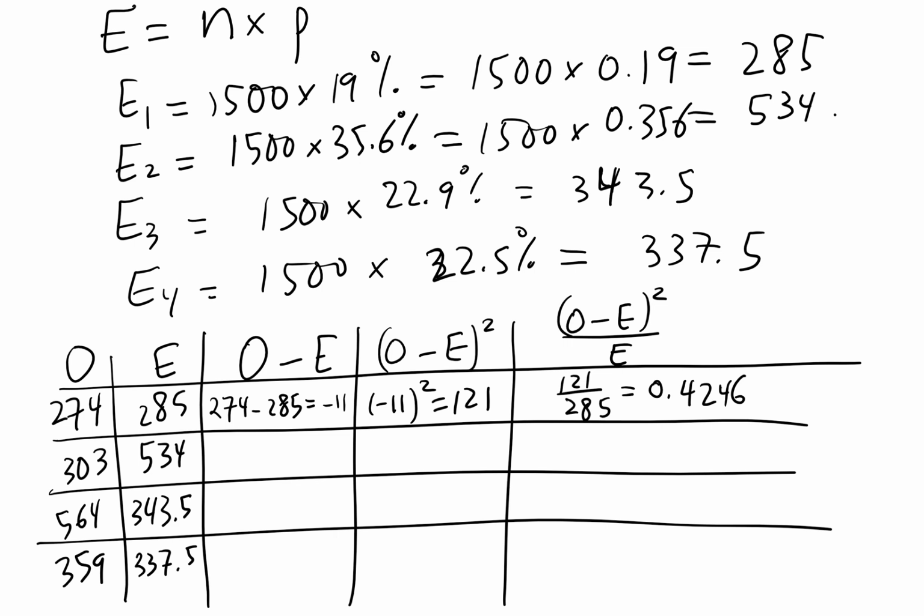We can go 4 decimal places. We do the same thing for the others: 303 minus 534, 564 minus 343.5, 359 minus 337.5. That gives negative 231, and if you square it, you get 53361.